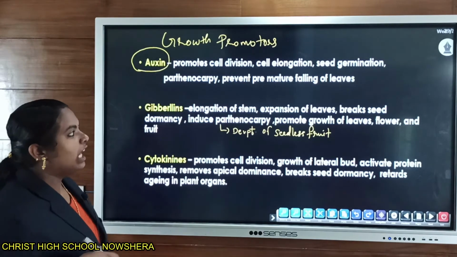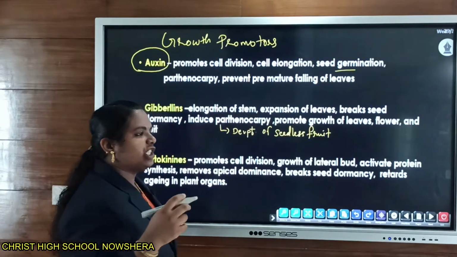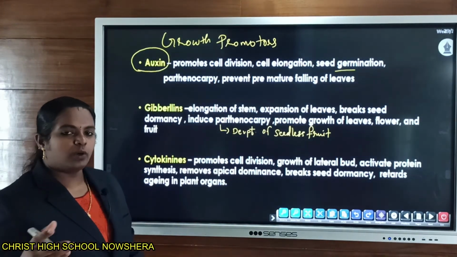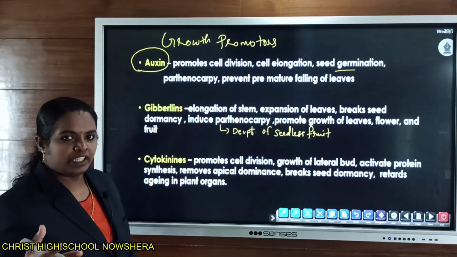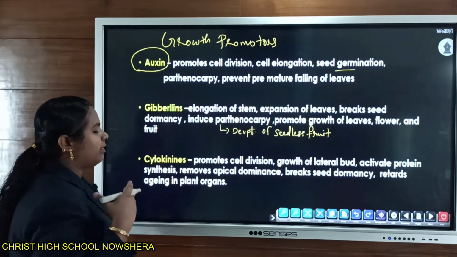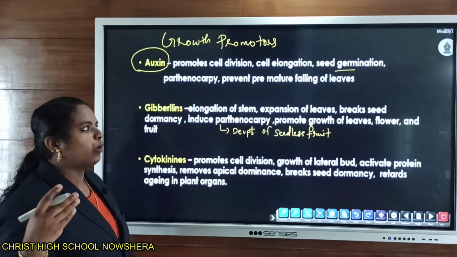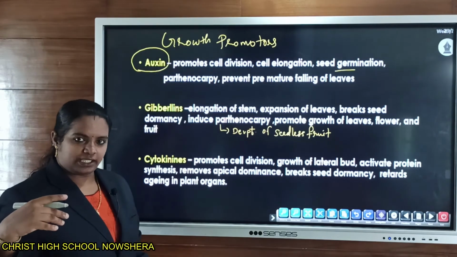Then they promote seed germination, or the formation of new plantlets. So auxins promote cell division and cell elongation, as well as the germination of seed.